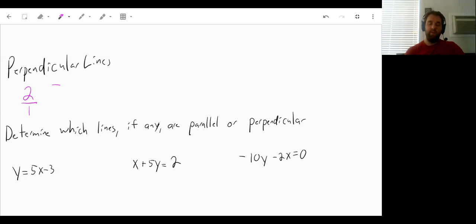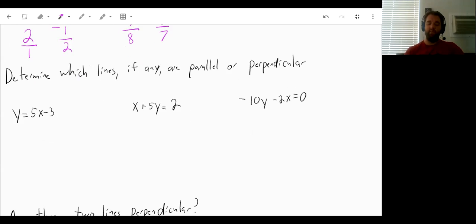The reciprocal is going to be a negative 1/2. If your original slope is negative 7/8, you'll take the negative reciprocal and you'll get a positive 8/7. So that's all you'll have to do in order to figure out what the slope is if they're perpendicular.